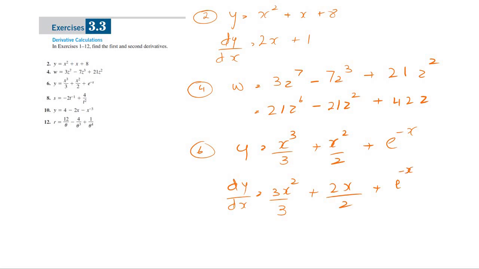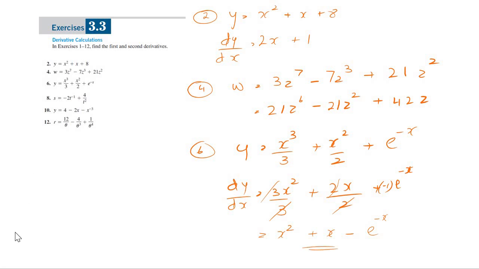Now it has a constant, so you have to multiply that constant here by this function. So we say minus 1. So we cross off the common terms. So we have x squared plus x minus e to the power minus x.